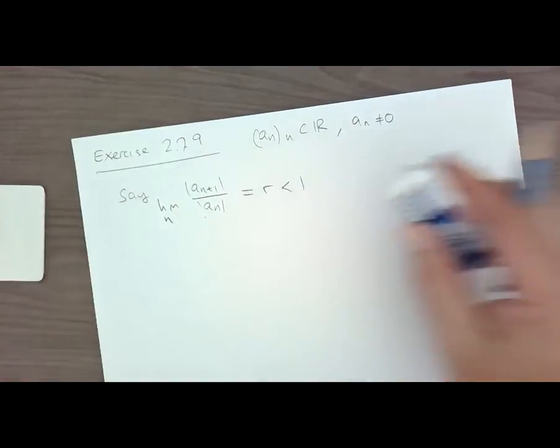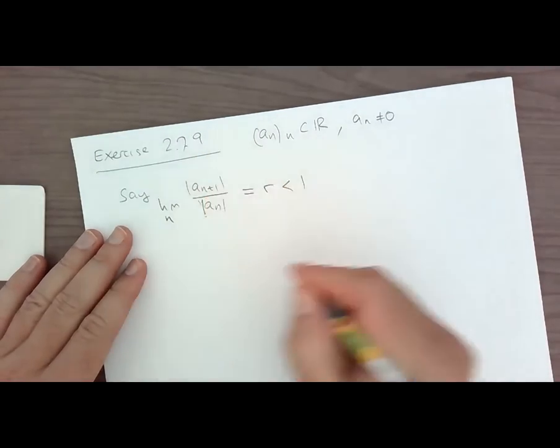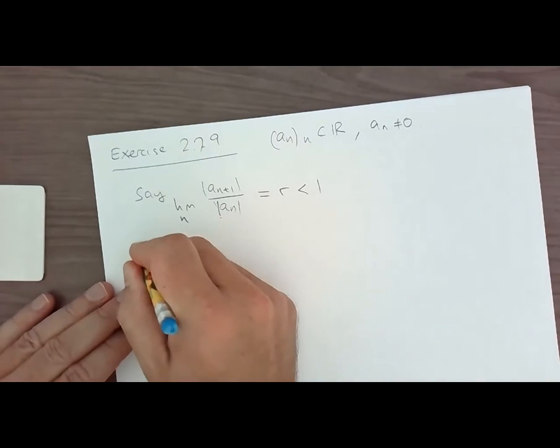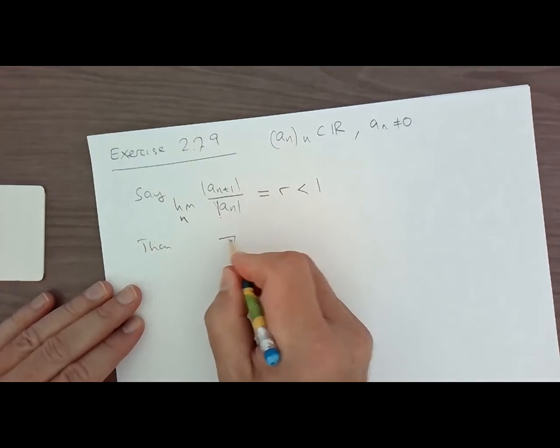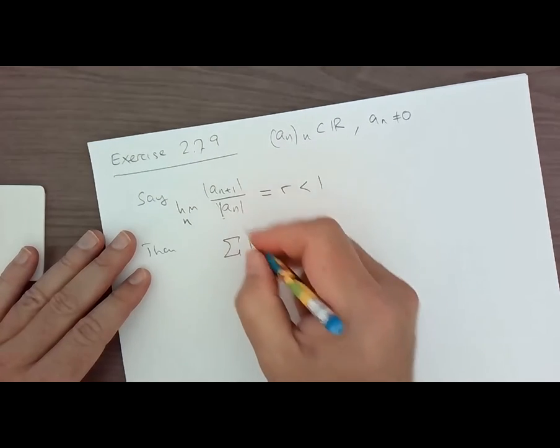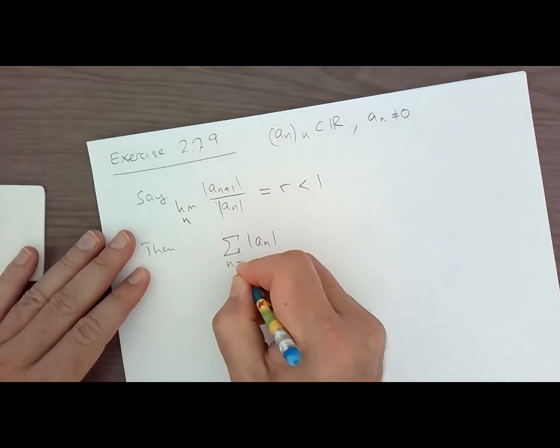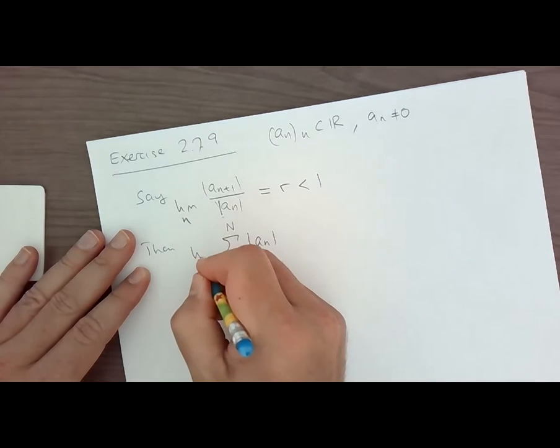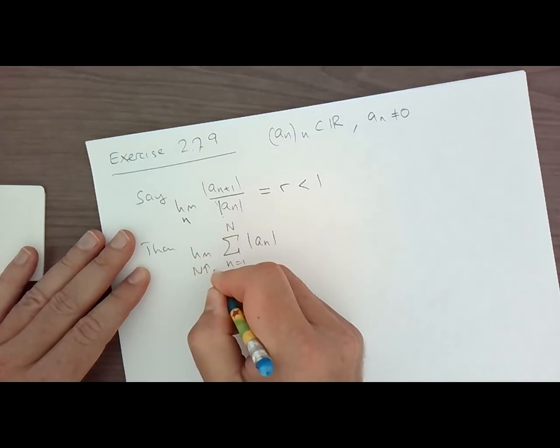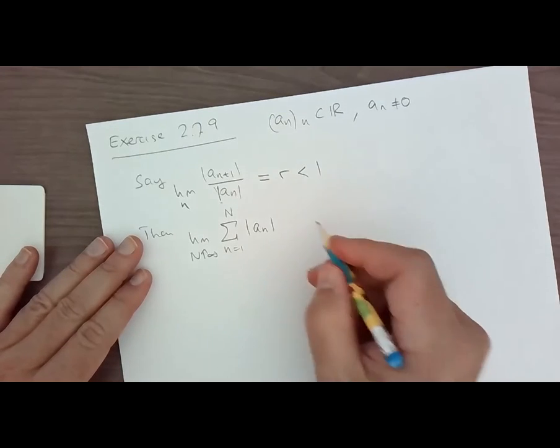Say that this is true, then the claim is that the series of the absolute values, when I take the limit, is finite.